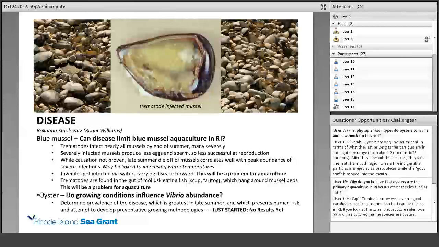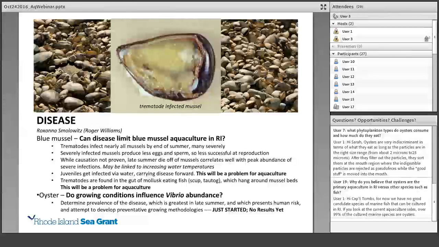It seems to be very feasible, but there are a number of diseases out there, and we are funding Roxana Smolowitz over at Roger Williams University to basically take a look at some of the more common disease problems with blue mussels being grown in a wild environment and trying to get some sense of could this be a problem for mussel aquaculture? And if so, can she perhaps find some thoughts with regard to how to go about avoiding those?